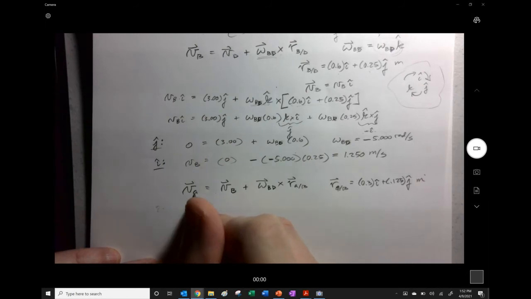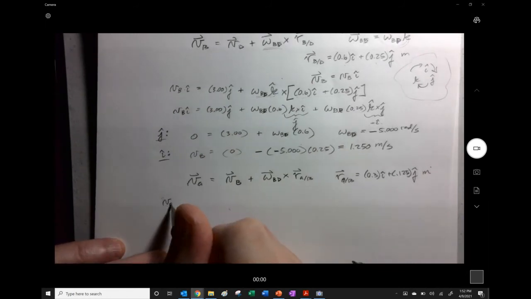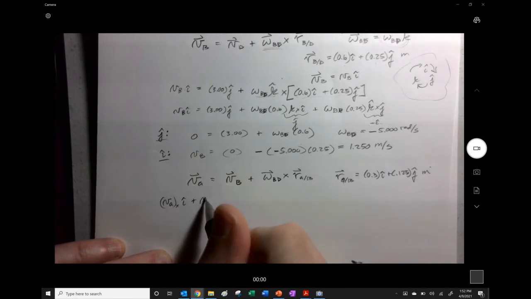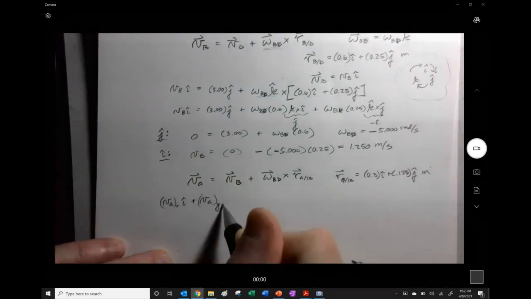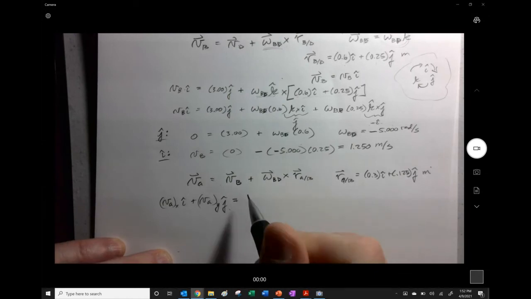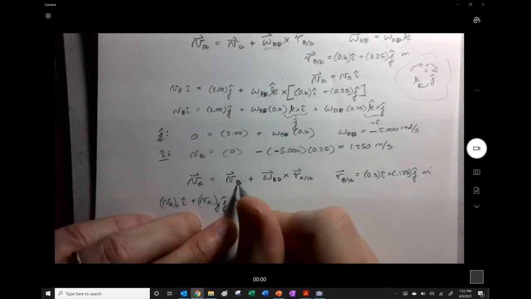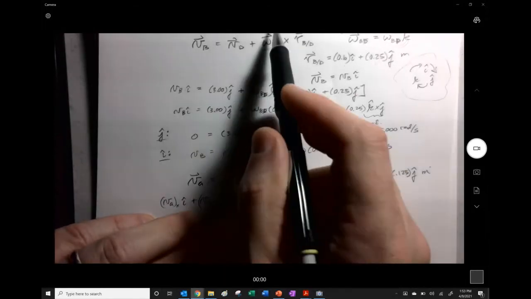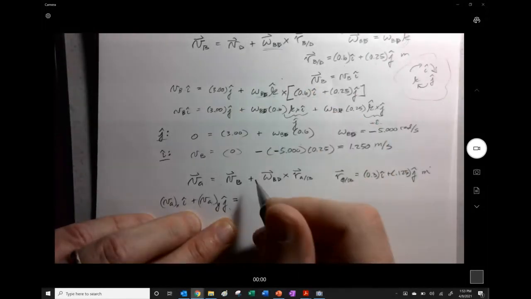VG we don't know, so VG X I plus VG Y J is equal to VB, which we got up somewhere up above.